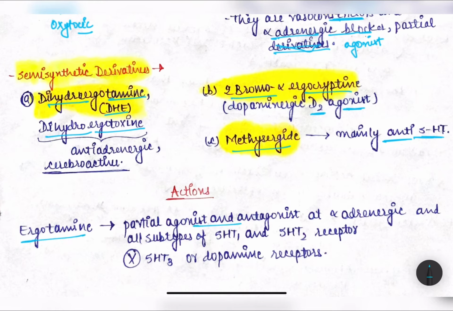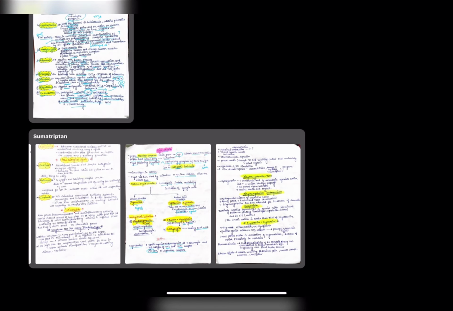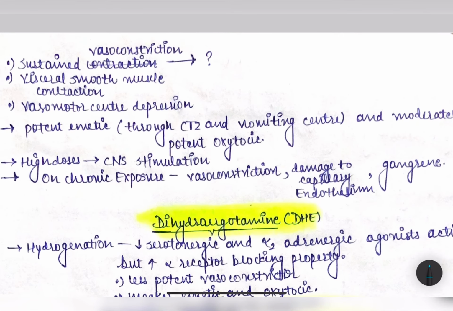These are partial agonists and antagonists at alpha adrenergic receptors and all the subtypes of 5-HT1 and 5-HT2, but they do not interact with 5-HT3 or dopaminergic receptors. They cause sustained vasoconstriction.